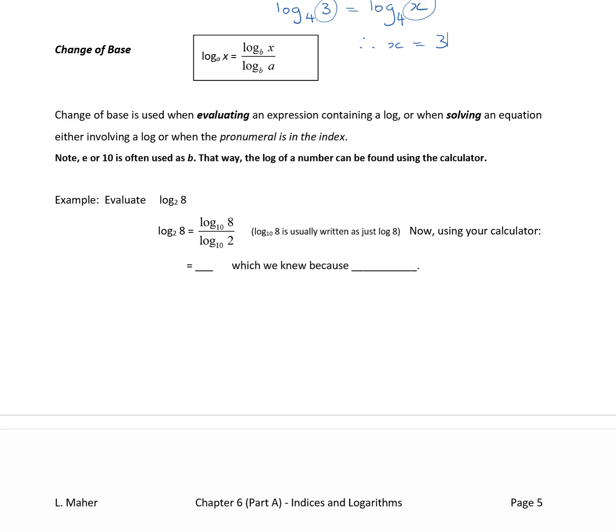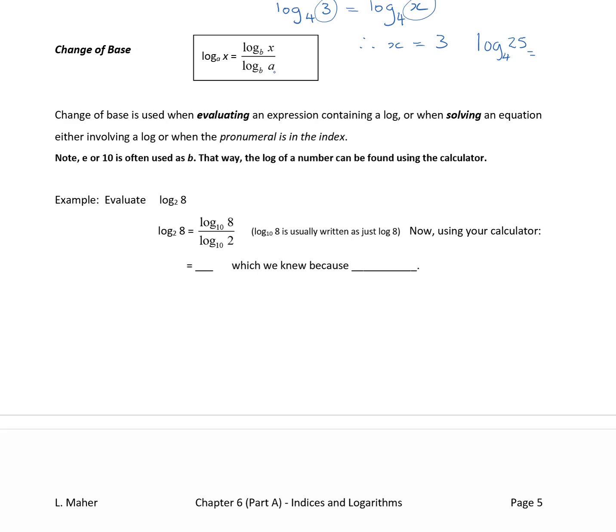So let's have a look at it. It says the log of x to base a, so I was saying log 25, for example, to base 4, could be written as log, and this base b is our preferred base, our choice.